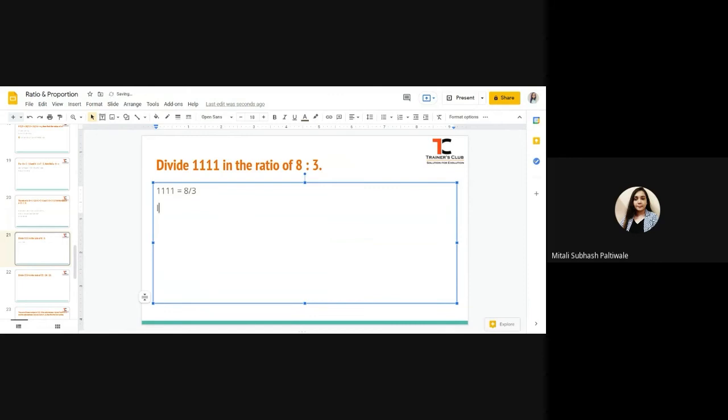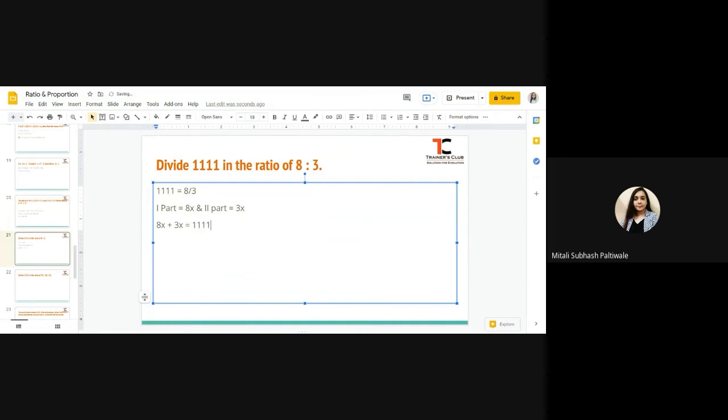So let me just call this first part as 8x and second part as 3x. Okay, first part is 8x and second part is 3x. So that means this entire number is nothing but 8x plus 3x is equal to 1111.